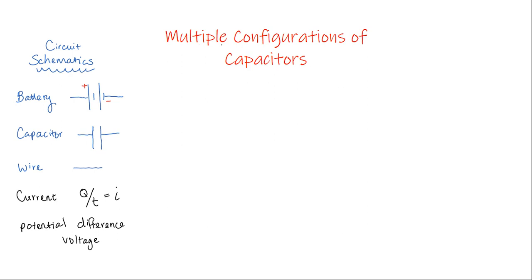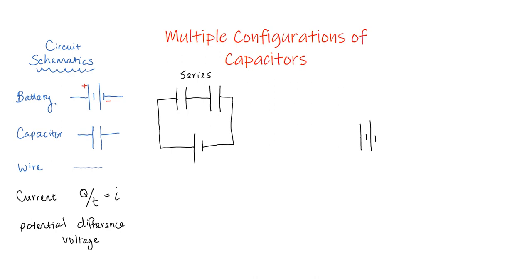So when I think about different ways to connect capacitors to a battery, one of the ways that comes to mind is probably just the most simple way, which is I take a capacitor, I connect it to a second capacitor, and then I connect both of those to a battery like this. This configuration is known as a series configuration of capacitors, and we'll talk about where that term comes from. But some people might instinctively connect, and here I'll do the actual battery there.